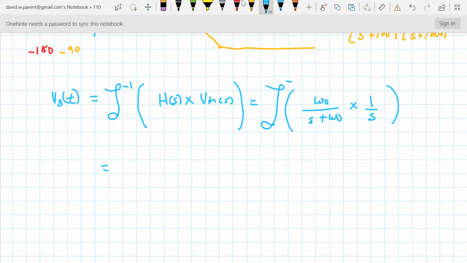And really, you just look this up in the table, and this is going to be 1 minus e to the minus omega naught t.